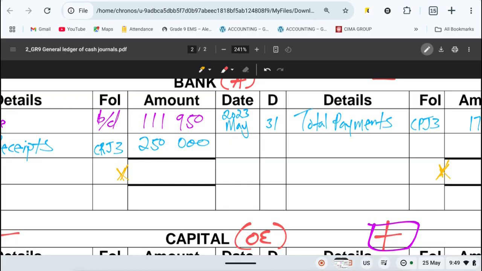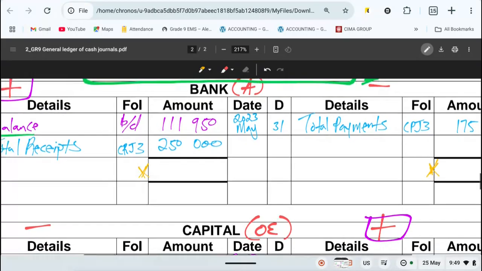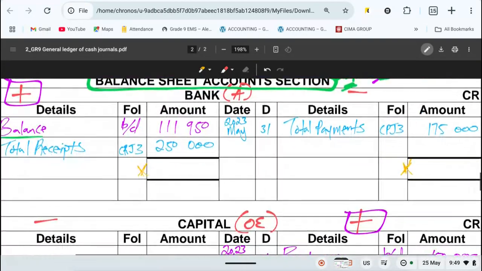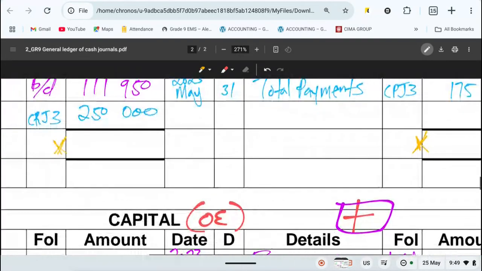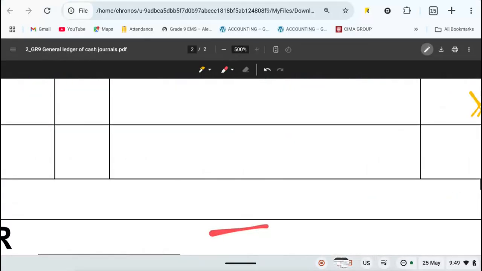Okay, so let's start. What is the difference between the two sides? Firstly, this is what I want you to do. First, number 1, identify the small side. That's number 1. Identify the small side, meaning the side that has the smallest amount.